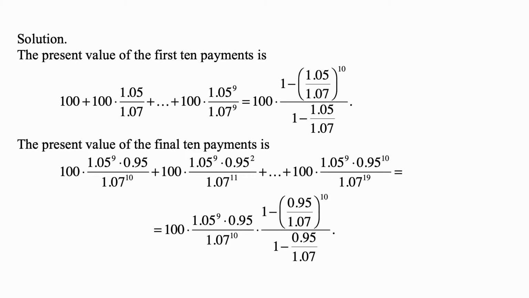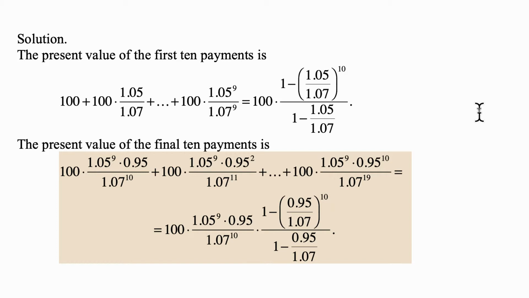The present value of the final 10 payments is 100 times 1.05 to the 9th, times 0.95, because we have these increases by 5% nine times, but then we had a decrease by 5%, so we multiplied by 0.95, and it's divided by 1.07 to the 10th, because the payment is at time 10 and we're taking its present value.